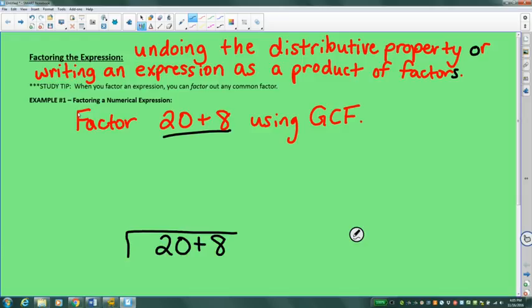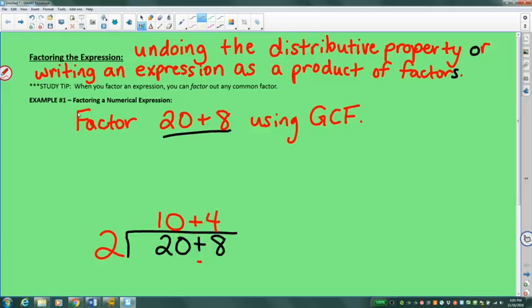It may not be the greatest common factor, but it is a common factor. Okay? So I'm going to take the 2 that I know goes into both of these and put it outside and divide both those terms by 2. So then I do 20 divided by 2, and I get 10, and I put it right above. I have an addition sign right here, so I'm going to bring that addition sign above. And then I do 8 divided by 2, and I get 4.